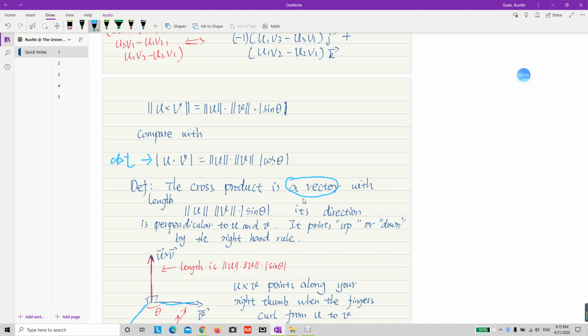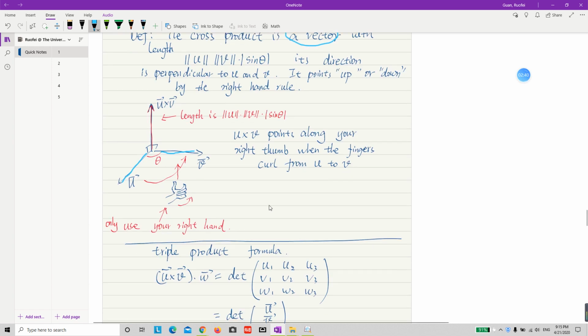It is a vector with length equal to the length of u times the length of v times the absolute value of sine theta, where theta is the angle between u and v, and its direction is perpendicular to u and v, and it points up or down by the right hand rule.